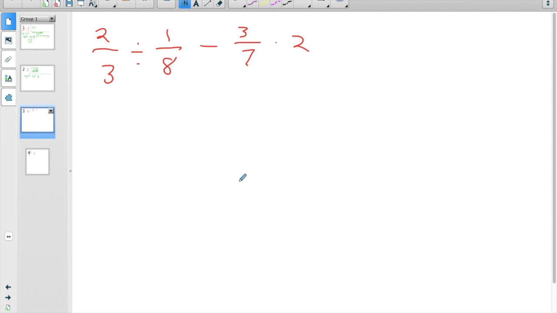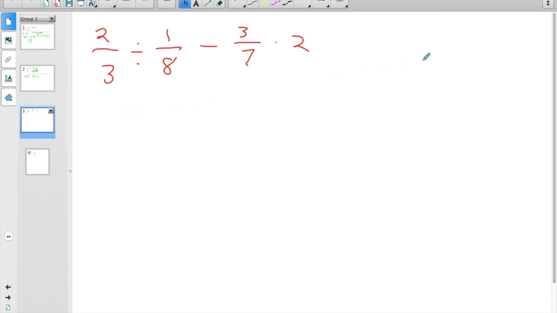We are now going to get a little bit more complicated in our original equation, but if we look here, we have division, subtraction, and multiplication. So we need to make sure that we're using the order of operations.